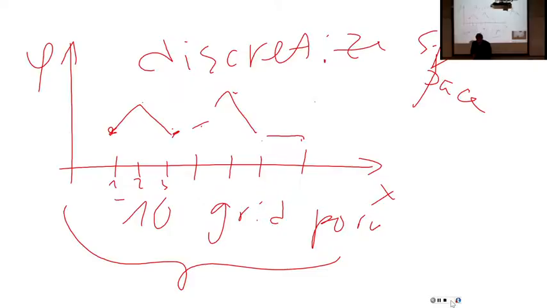Then for the hydrogen atom, how many independent points do we need to represent the wave function of hydrogen? For 1 degree of freedom, we have 10 points. For 2 degrees of freedom, it will be 10 by 10, 100. For 3 degrees of freedom, it will be 1,000, right?